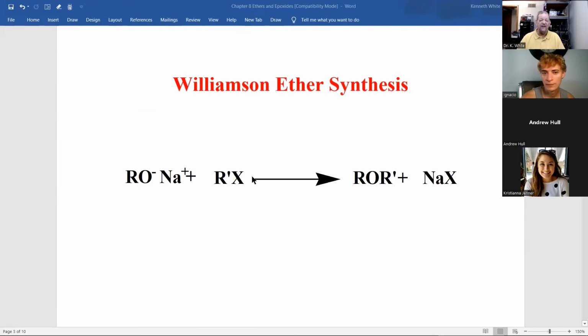Now, how do you make ethers? There's one main way. That's called the Williamson ether synthesis. Dr. Williamson discovered it or created it.